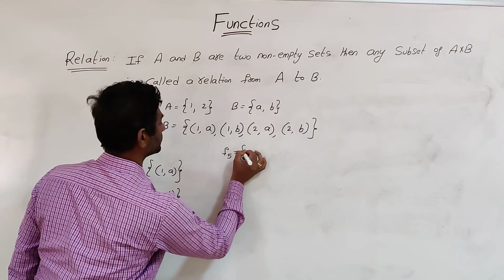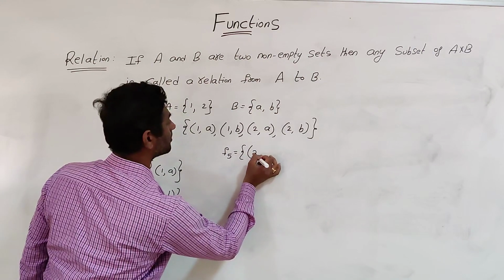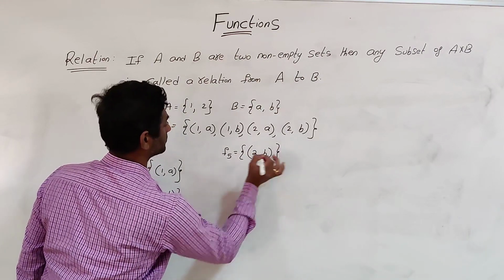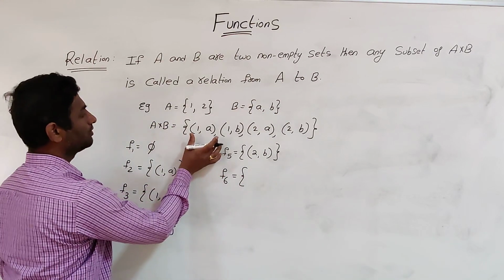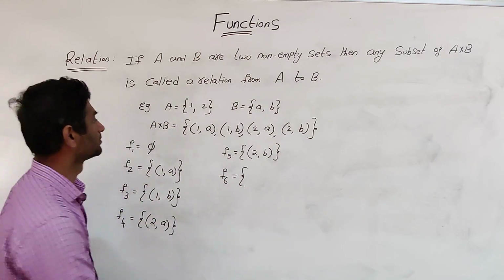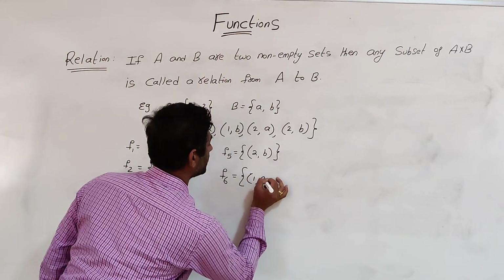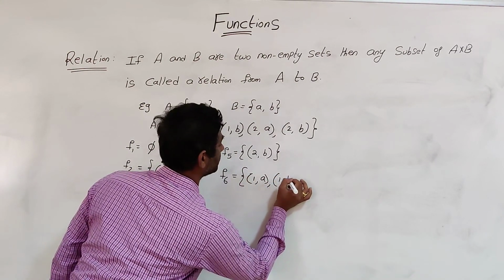F5, (2, b). F6, now two elements: (1, a), (1, b).